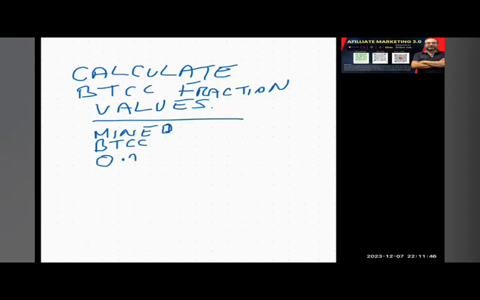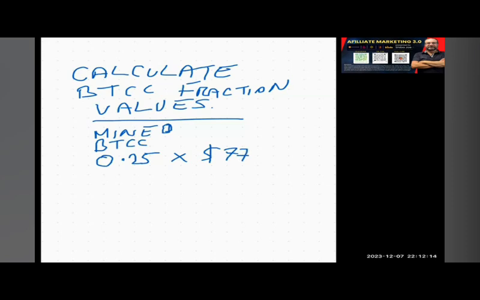You multiply that by the current value of BTCC. Today's current value is 78, but what I've written down here was when BTCC was at 77, so I'm going to carry on with those numbers. Let's say one whole BTCC is worth $77.